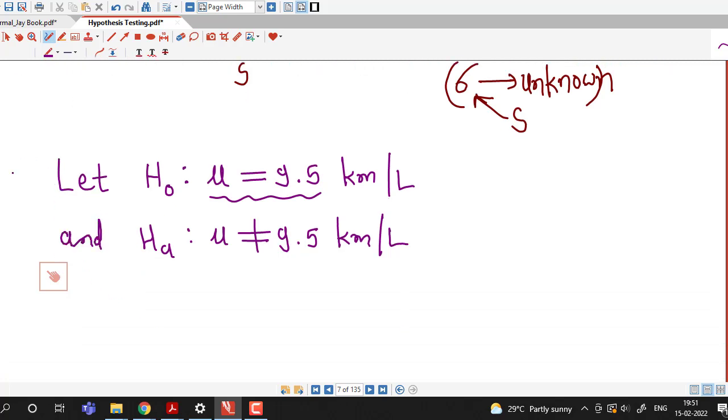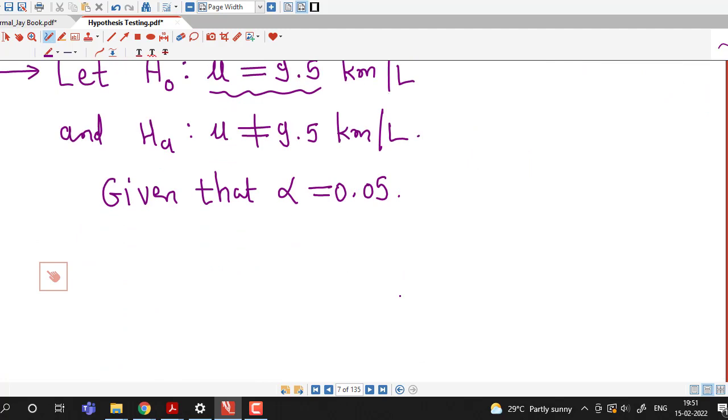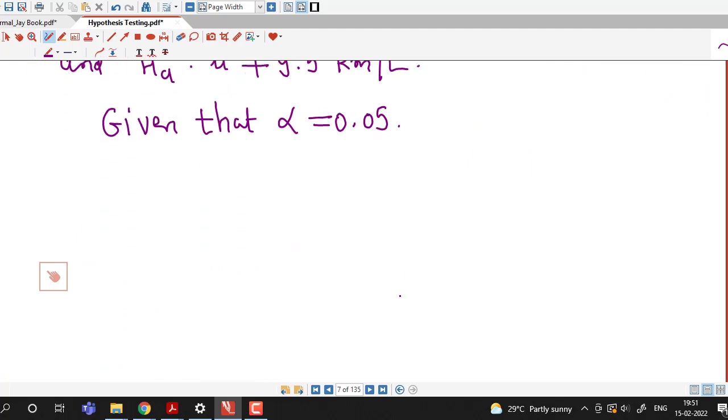So first we have to write down what is null and alternative hypothesis for a given problem. Also we write that we have to test this alternative hypothesis at 0.05 level of significance. So alpha is 0.05.